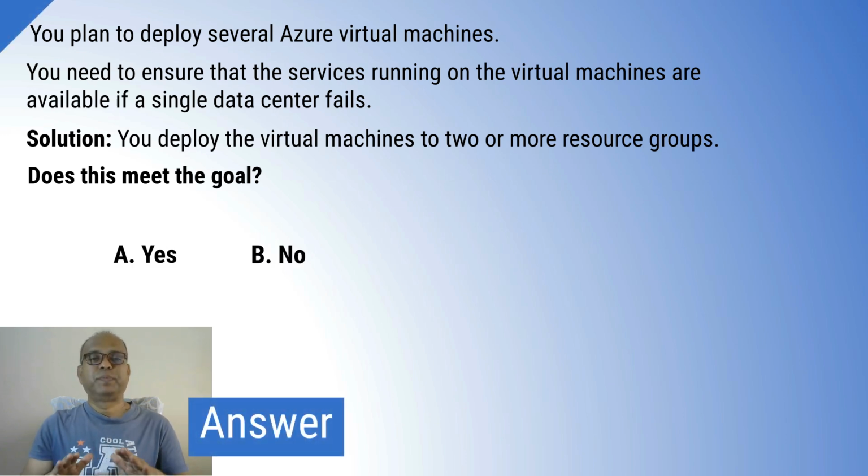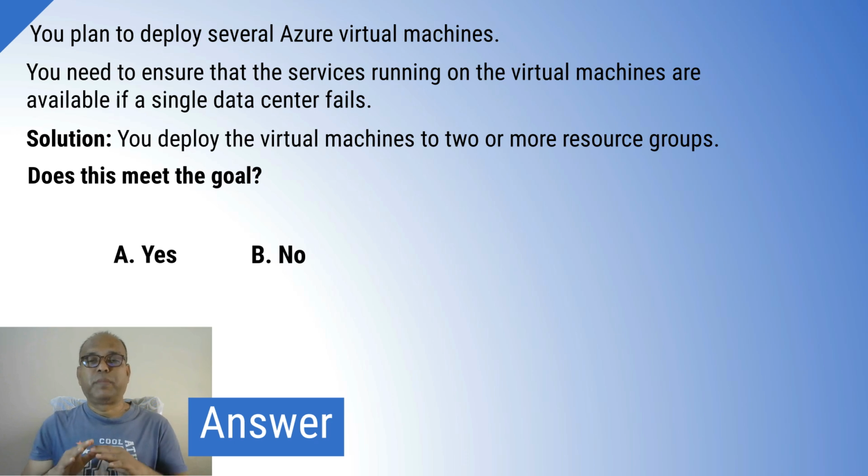Answer. A resource group is a logical container for Azure resources. When you create a resource group, you specify which location to create the resource group in. However, when you create a virtual machine and place it in a resource group, the virtual machine can still be in a different data center.